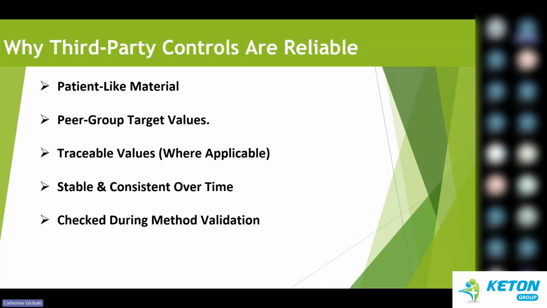So, traceable values where applicable, linked to reference methods or standards when available. Usually they are linked to reference methods and standards, like I mentioned, and they're stable and consistent over time. For those of us who have been privileged to use third-party QCs, you can see that usually lots run even up to 1 year, even 6 months.